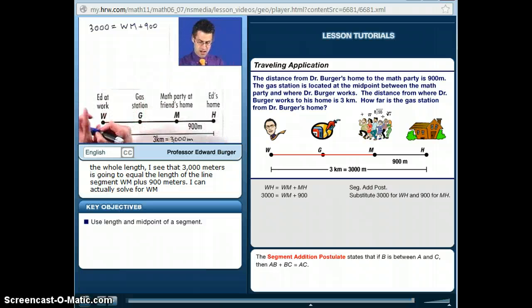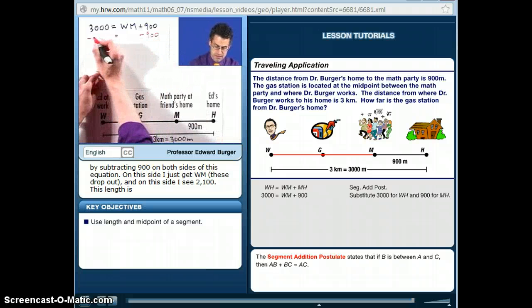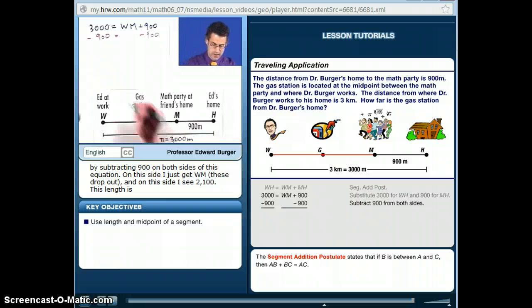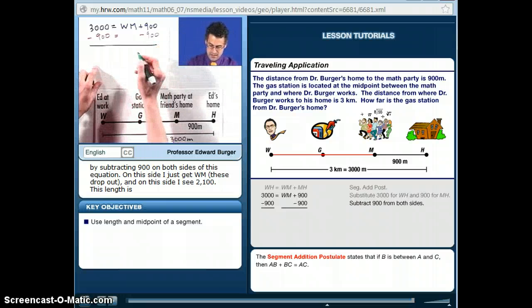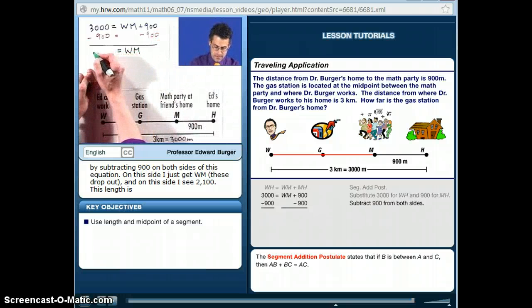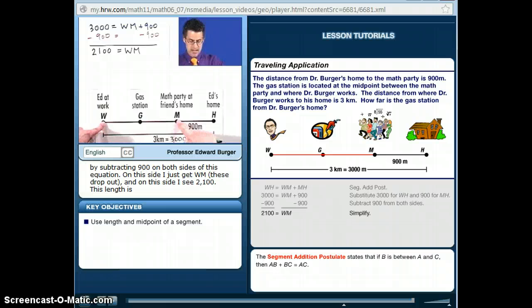Well, now I can actually solve for WM by subtracting 900 on both sides of this equation. And what I see here is, on this side I just get WM, and these drop out, add to give 0. And here I see simply 2,100. So this length right here is 2,100 meters.